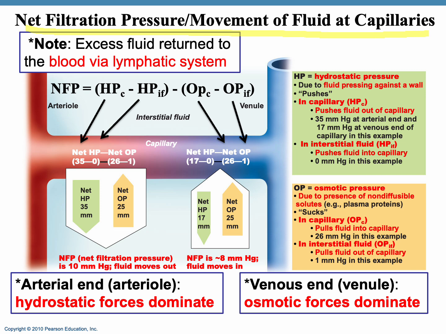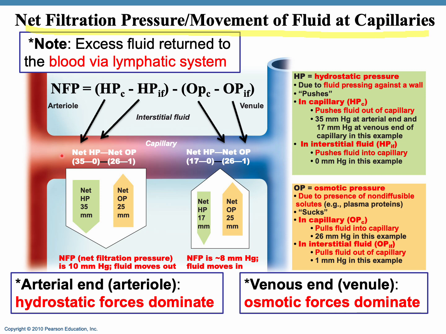So again, when we look at a capillary, we have the arterial end on this side, so we have the oxygen-rich blood on this side of the capillary. And then the other side of the capillary over here, we have oxygen-poor blood. So first on the arterial end, the dominating pressure here is going to be that hydrostatic pressure.